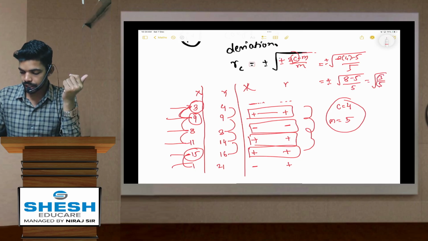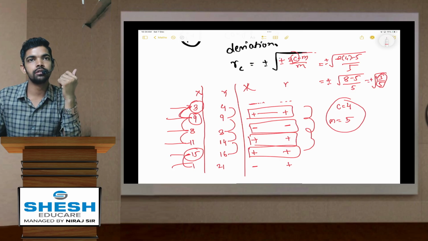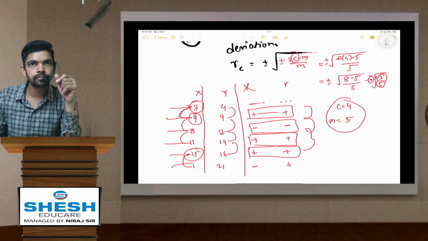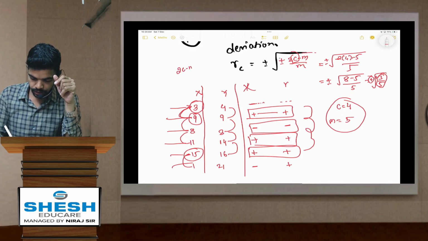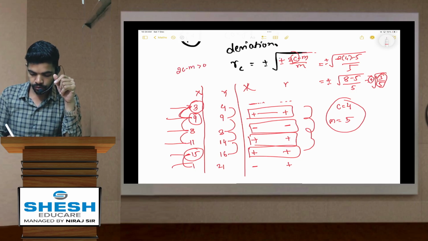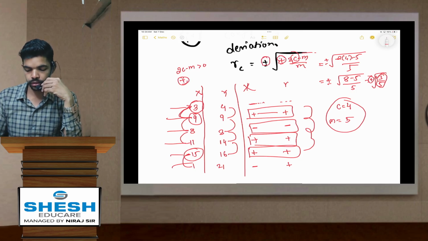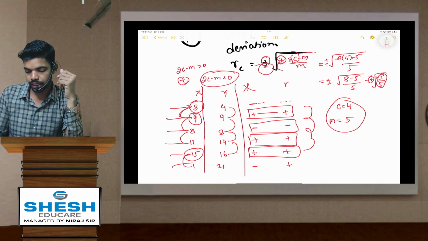Now inside the square root we are getting a positive value, plus 3 by 5. So outside the square root also we'll take a positive value. If it is negative inside, then we'll take negative. Depending upon what? If 2C minus M is greater than 0, we will take positive sign both inside the root and outside the root. If 2C minus M is less than 0, we will take minus sign inside and outside both.